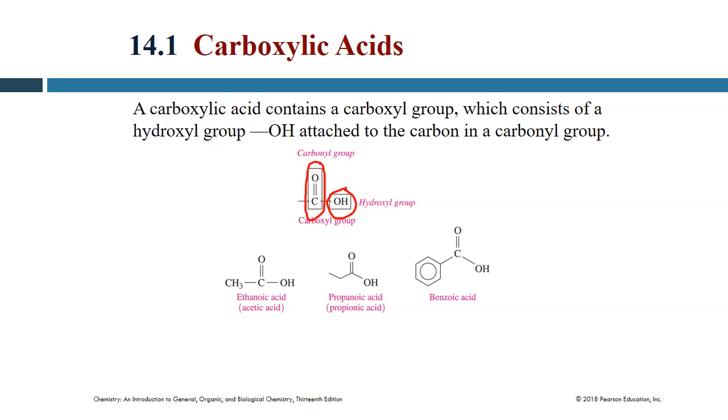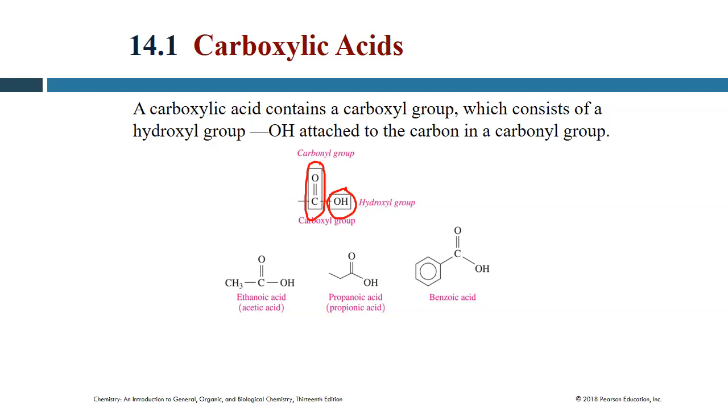And because of what it is positionally, it can only exist at the end of a chain. Because I've got carbon that's double bonded to oxygen and has a single bond to another oxygen, so there's 3 of the 4 bonds that carbon can make. It only has room to make 1 more bond to carbon.